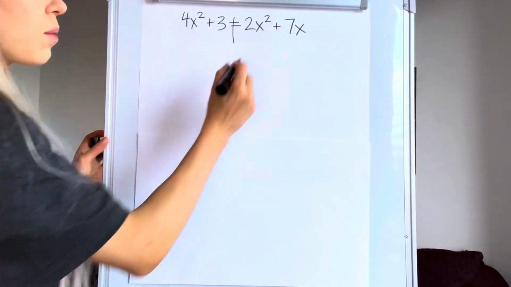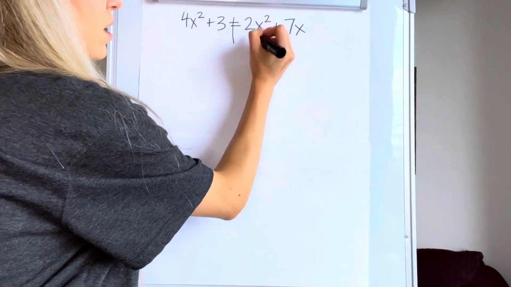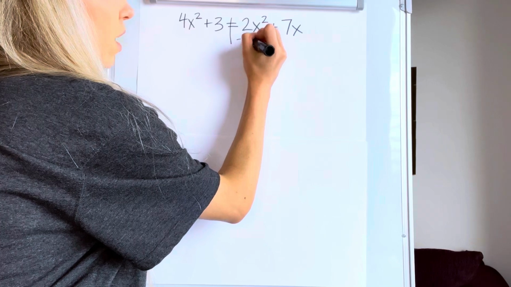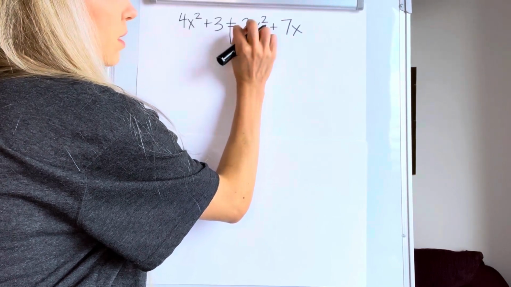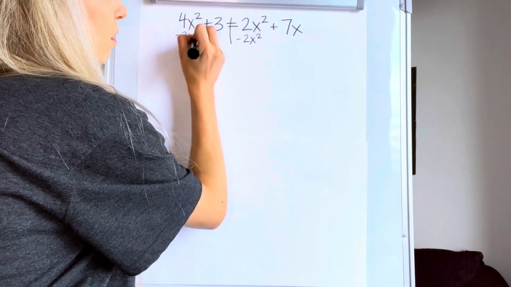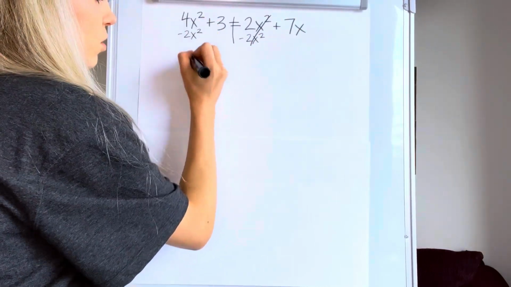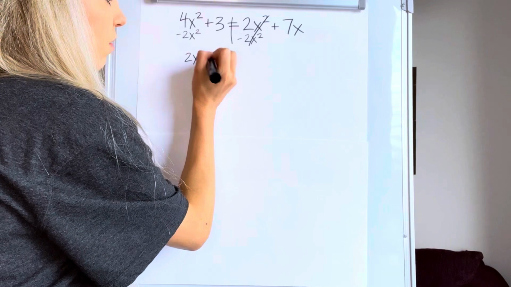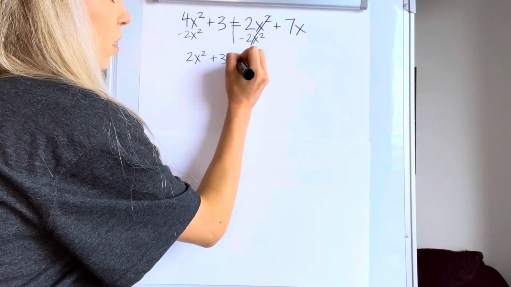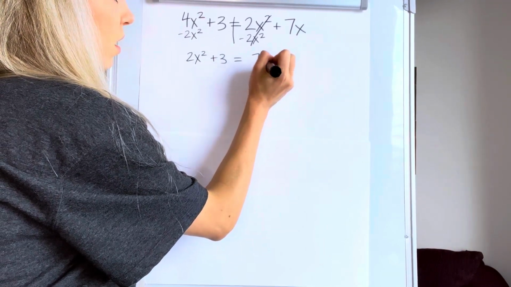To do that, we have to get rid of everything on the right side. So we're going to have to subtract this 2x squared because it's positive. And then that's going to leave us with 2x squared on the left, the plus 3, the equal sign, and the 7x.